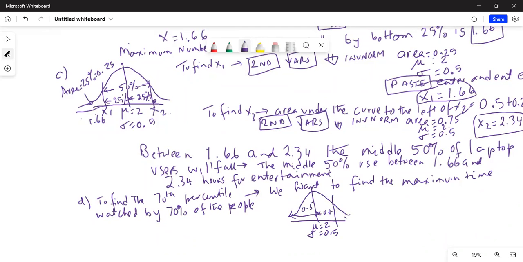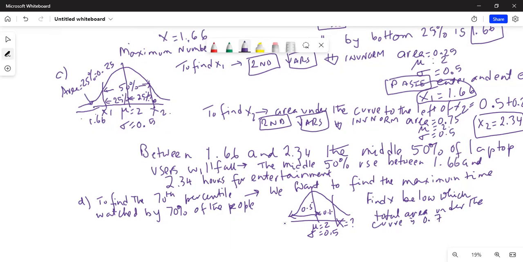So this area, we have to find the x below which total area under the curve is 0.7.